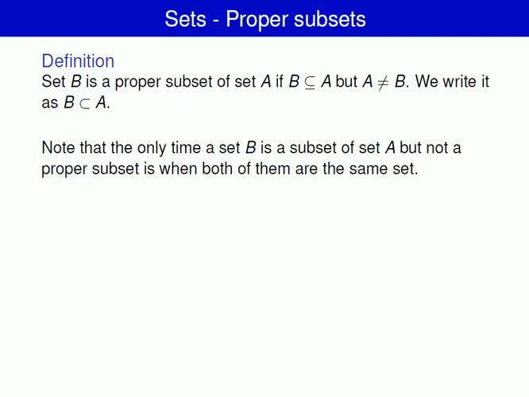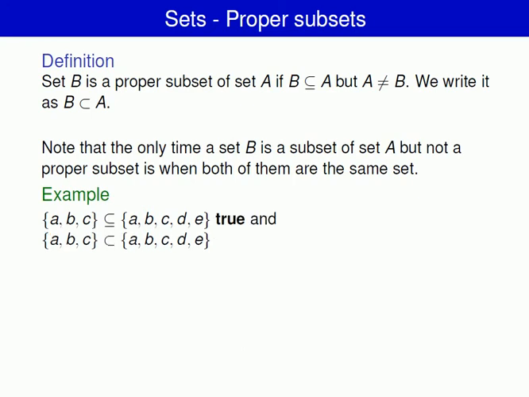Let's look at another remark I want to make: the only time a subset is not a proper subset is when they are the same set. So here's an example. {A, B, C} is a subset of {A, B, C, D, E}, and let's discuss whether it's a proper subset as well. The answer is yes. {A, B, C} is also a proper subset because while the first one is a subset of the second one, they are also not equal to each other.